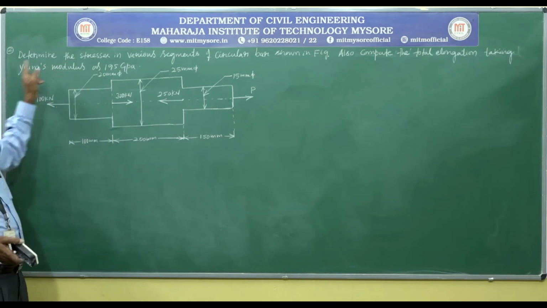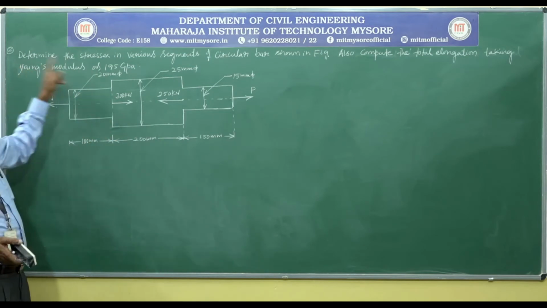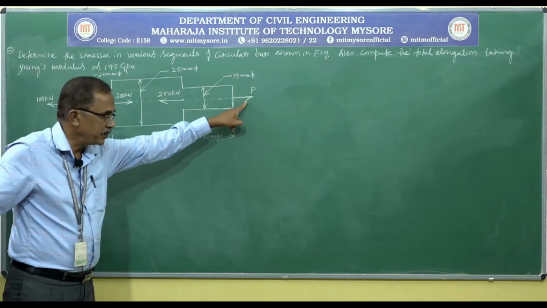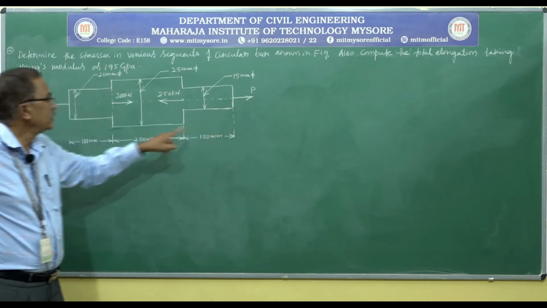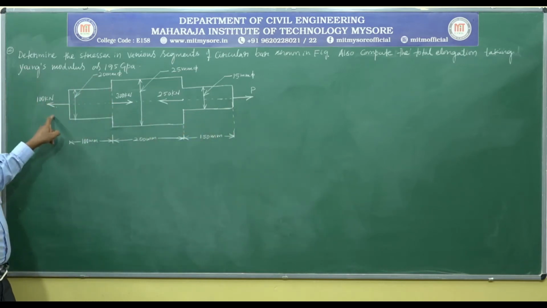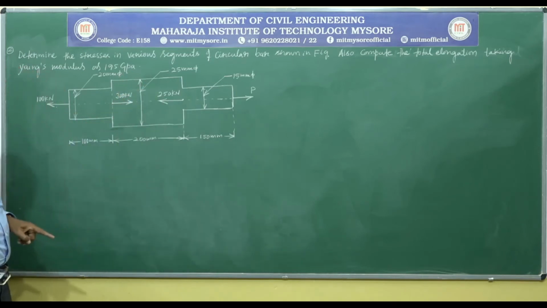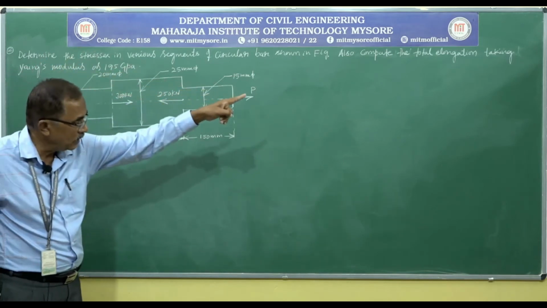Here in fact three unknowns are there. Firstly, we need to calculate this P, the magnitude of P is unknown. Then secondly, we need to calculate stresses induced in different segments or portions, and thirdly, we need to calculate total elongation.